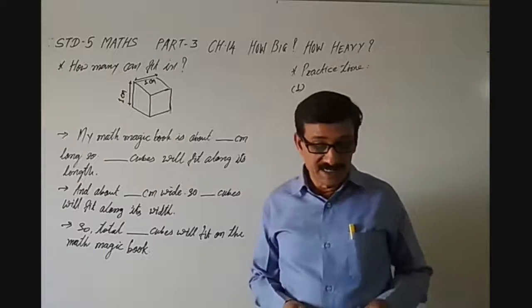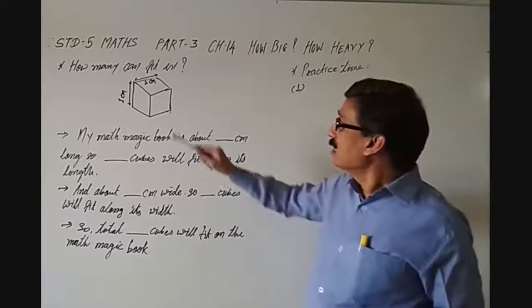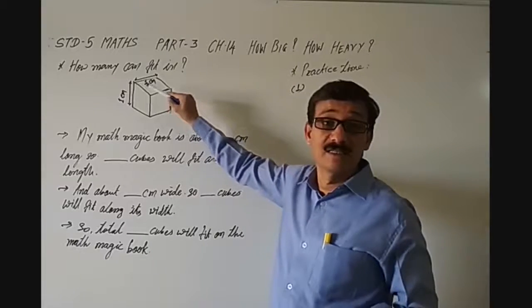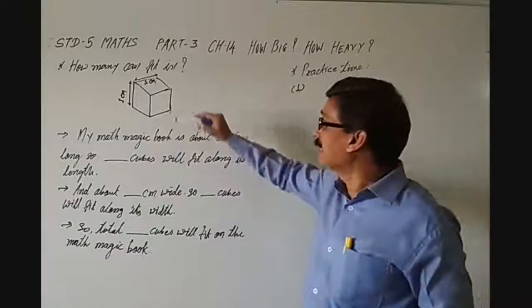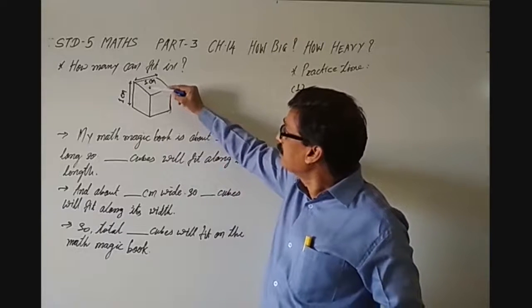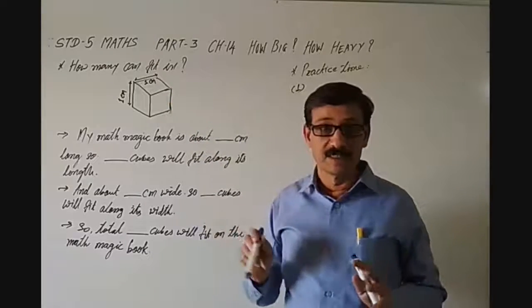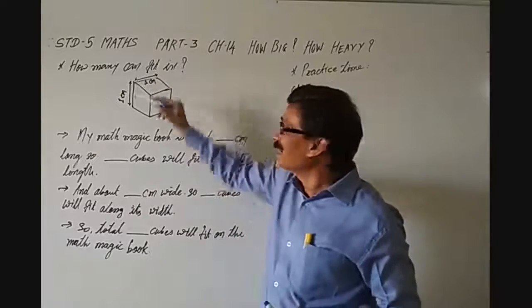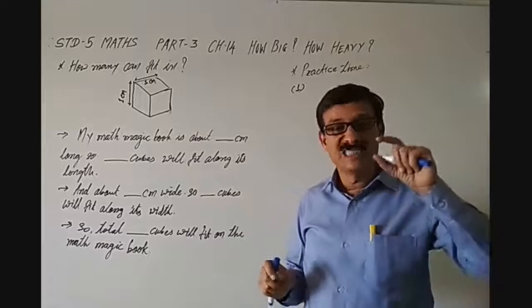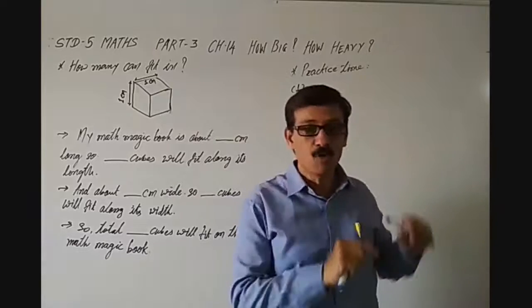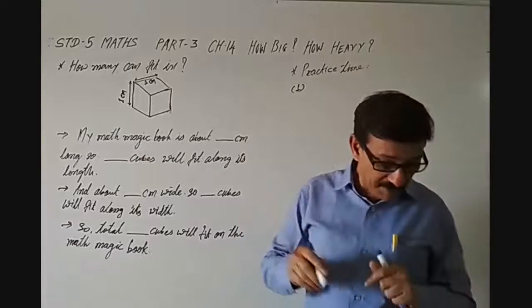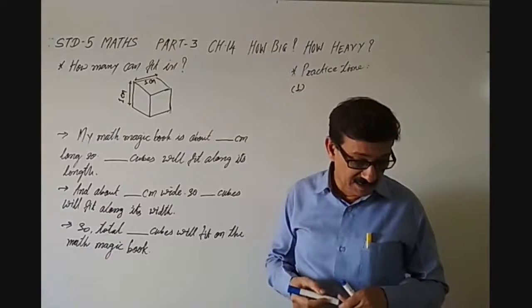Now we can see that there are in total 3 dimensions. This is height, this is width, this is length, whatever it is. So it is 1 centimeter high and our mathematics book has the same height. Now what do we have to find out? What do we have to guess?